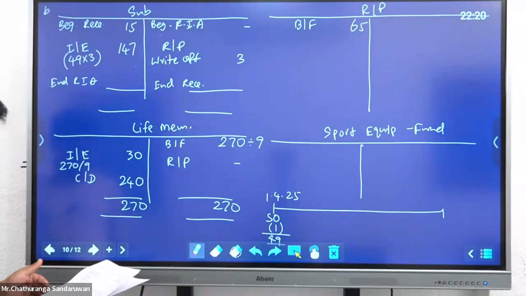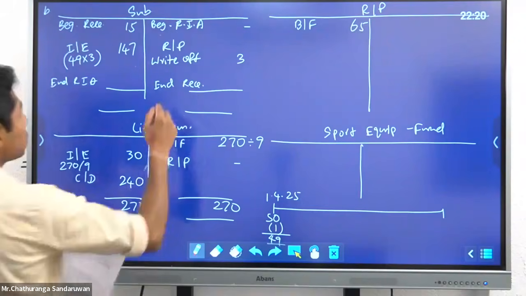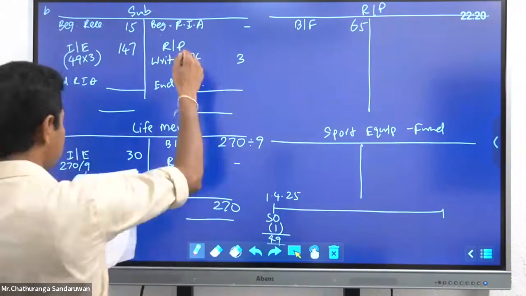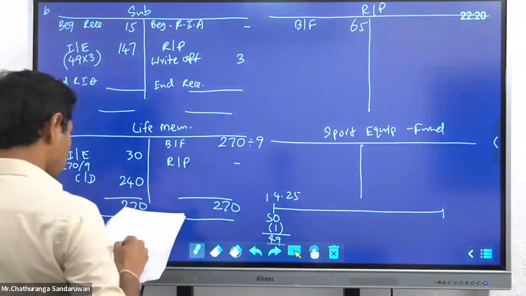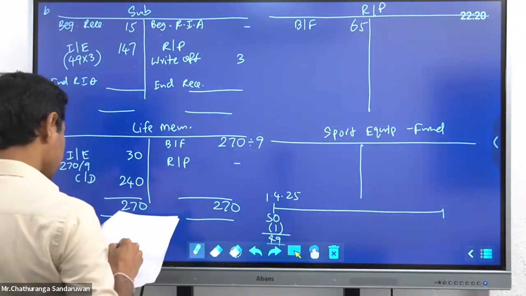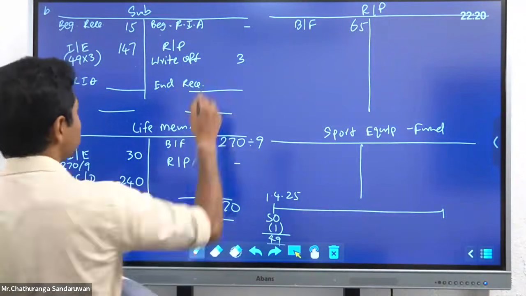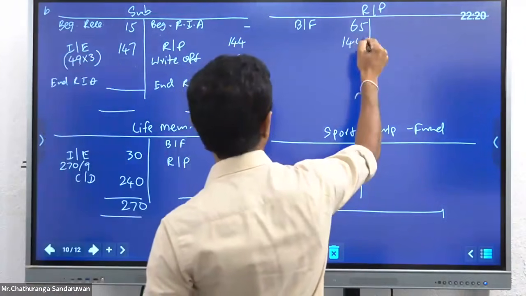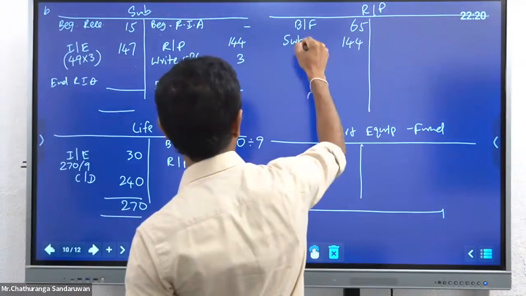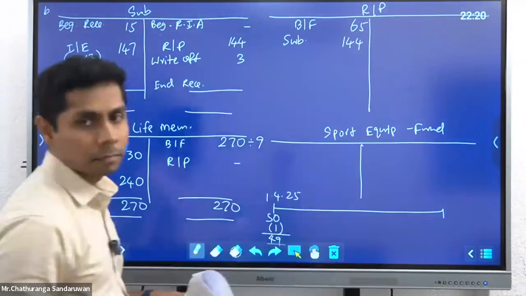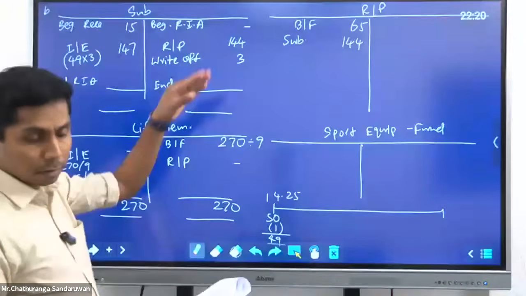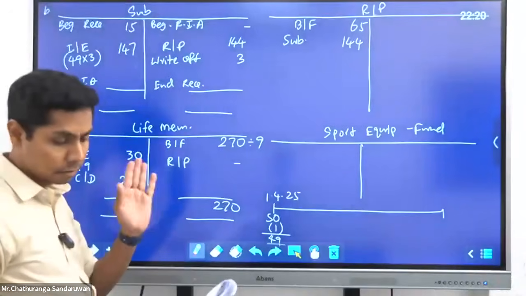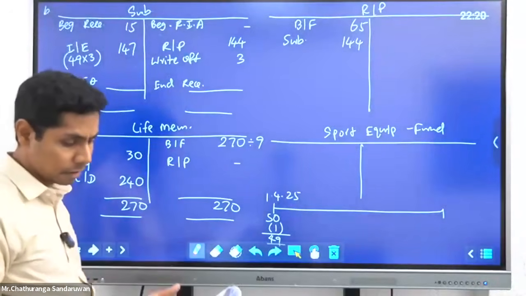And subscription received during the year, take the total: 120, 24, 144? 144, receipt and payment account debit 144, subscriptions. I have taken the total, right? I think I am correct.